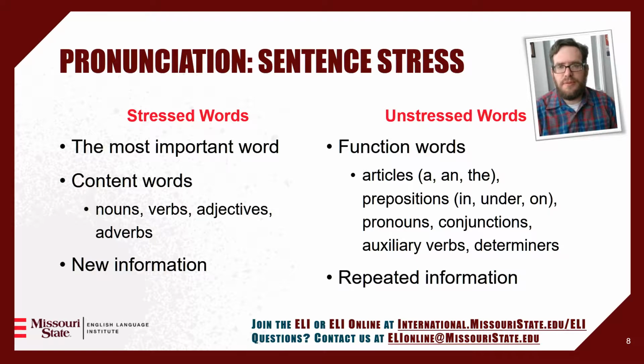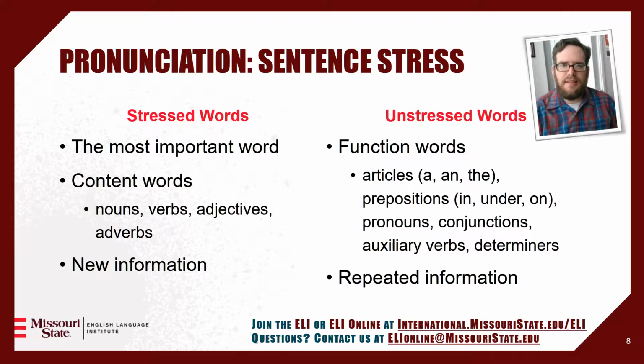We usually don't stress those. And determiners like some or any or other, another, these words are not stressed. Okay, so you'll see these are kind of the grammar words of English.